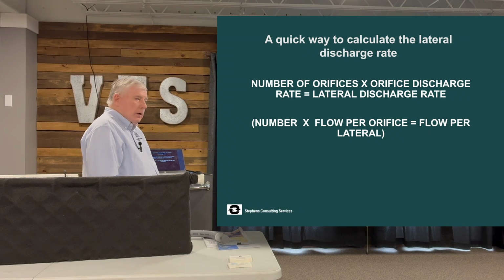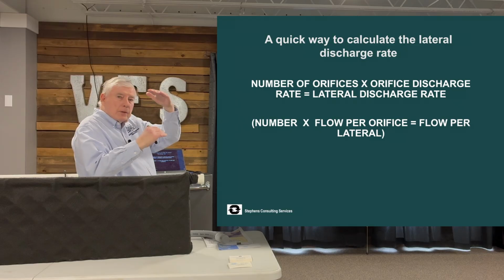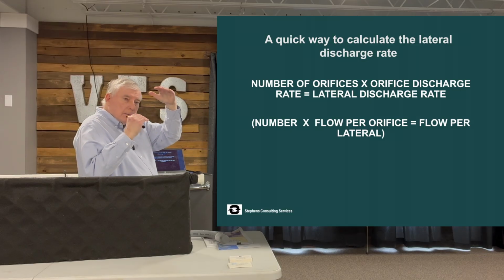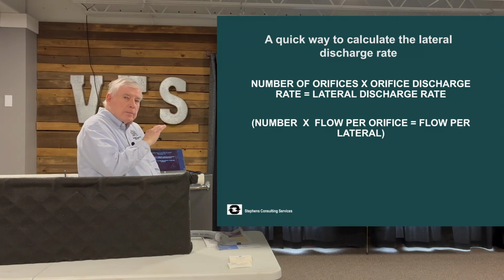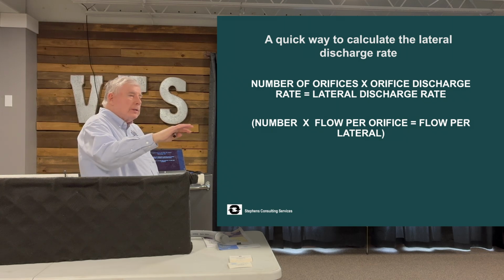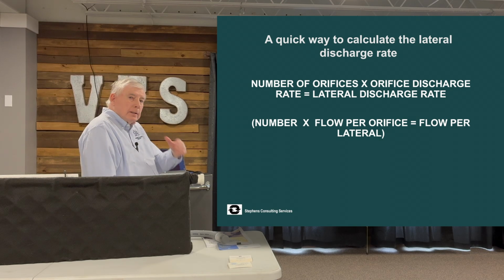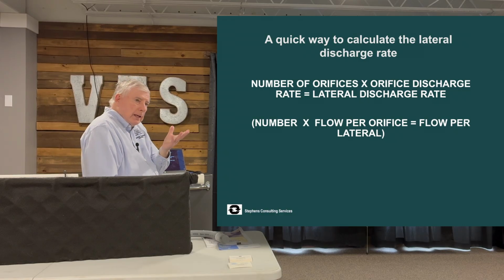So a quick and dirty way without using a spreadsheet: you can just look at that orifice discharge table, pick off the size orifice you're using, pick off the number on that, multiply it times the number of orifices you've got in any one line or in your whole system, and I'd add a couple feet to it for head loss.